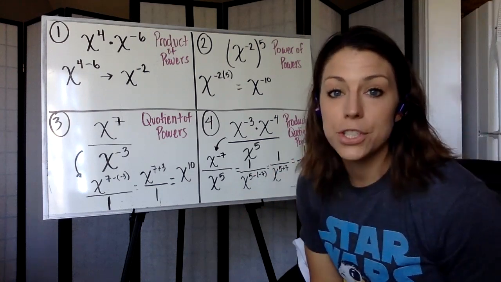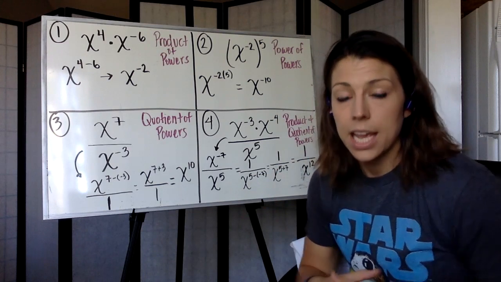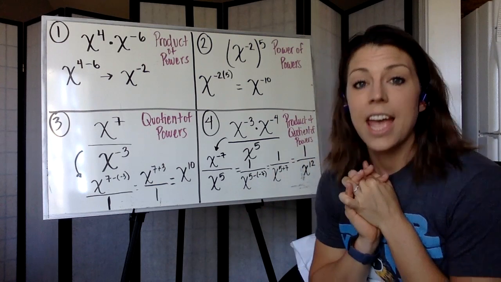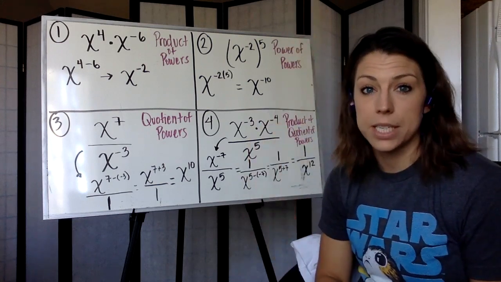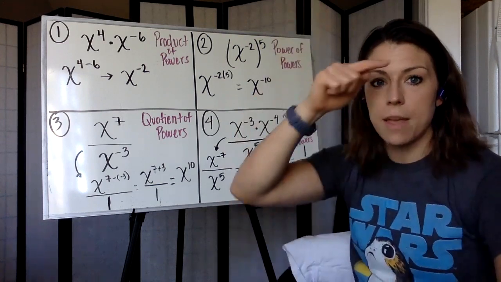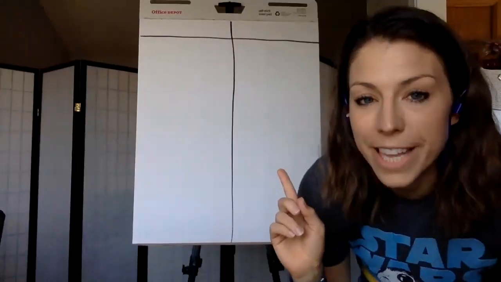All right, we're going to move into our notes. For today's notes, all you need to do is take a piece of paper and divide it into 2. You're going to make a T-chart, kind of like we did in our other ones. So take a piece of paper, divide it in half, and then put a T across the top, just like this.